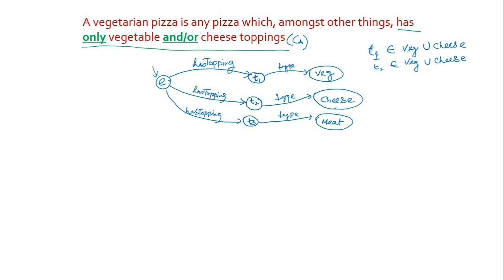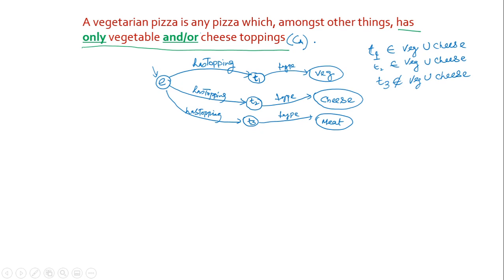Now if we put this, then E again will not become a member of this CA, because T1 belongs to veg union cheese, T2 belongs to veg union cheese, but T3 does not belong to veg union cheese. So in that changed scenario, E would not be a member of CA, right?